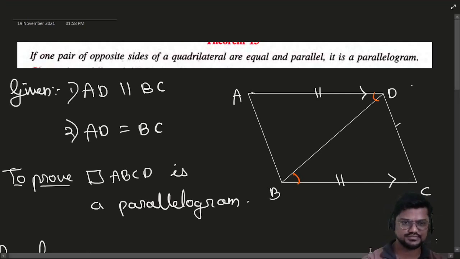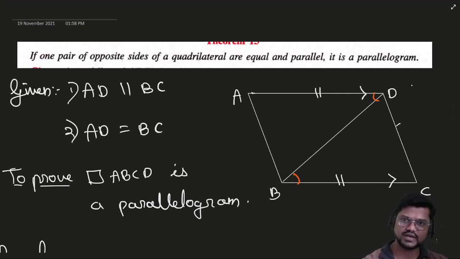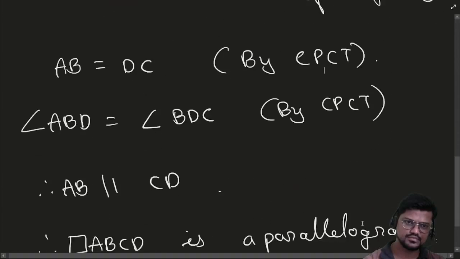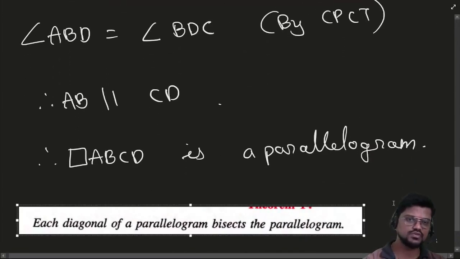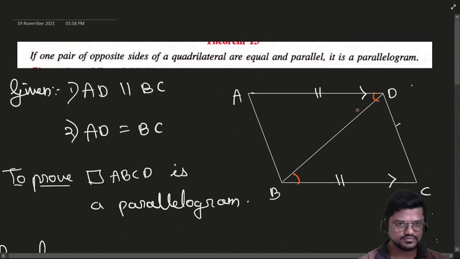Okay, next. Also, you have a proof that each diagonal of a parallelogram bisects the parallelogram. That is, this diagonal bisects the parallelogram into two equal areas.